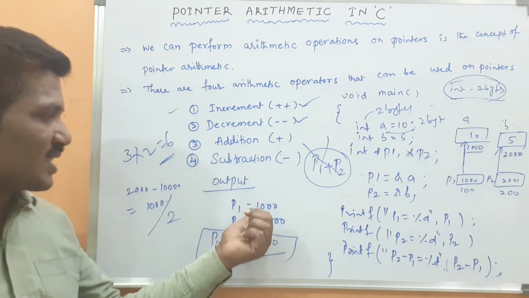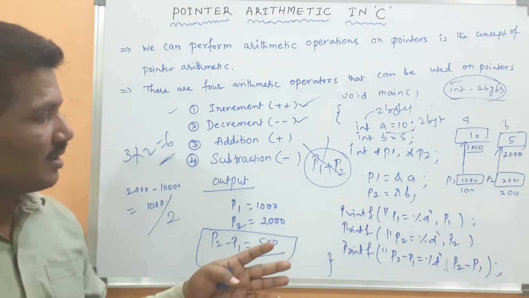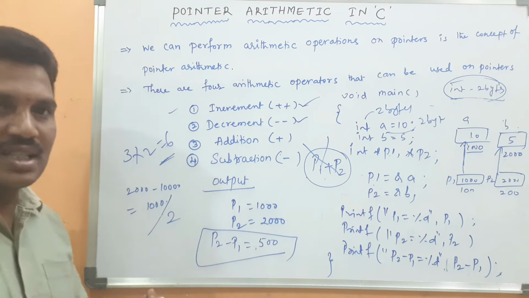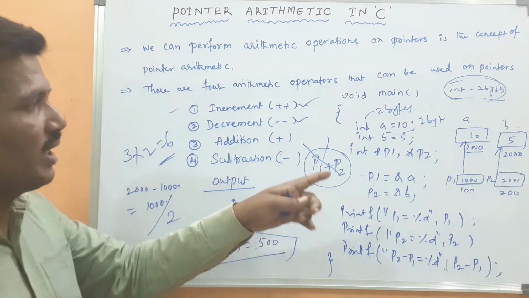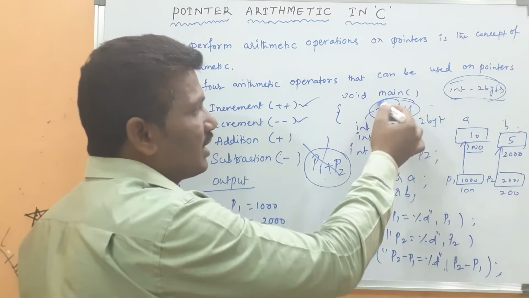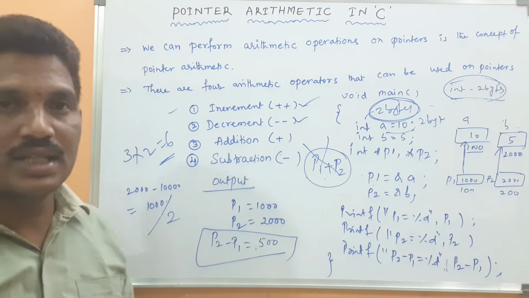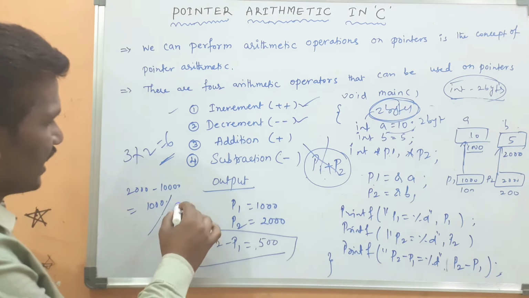Then 2000 minus 1000, 1000 is not the final answer because it is two pointers subtracted. Then what is the answer we get? It is divisible by the size of the data type. What is the data type size? It is 2 bytes.